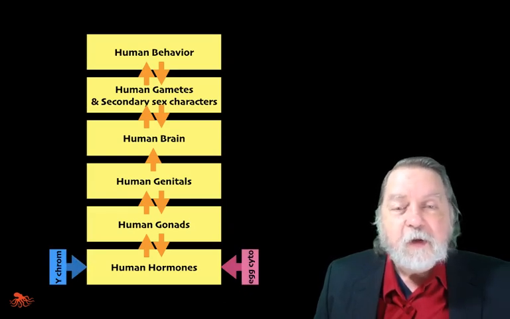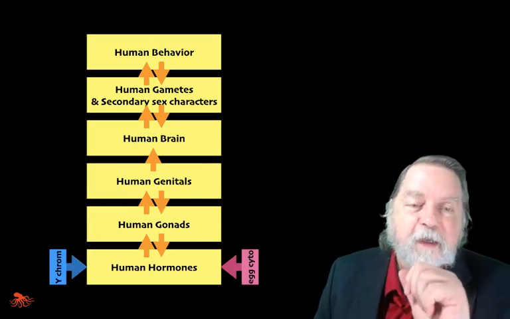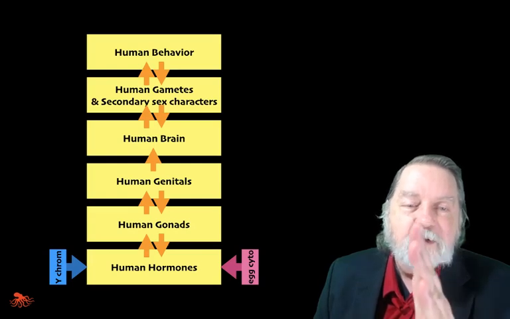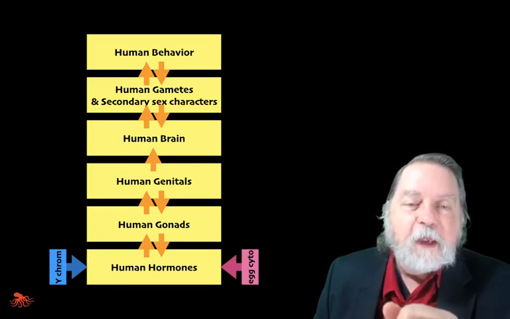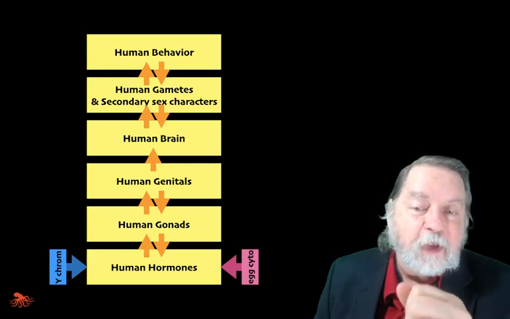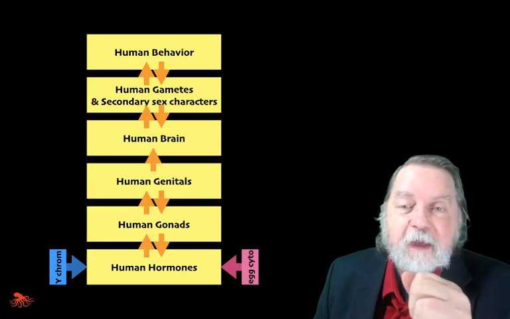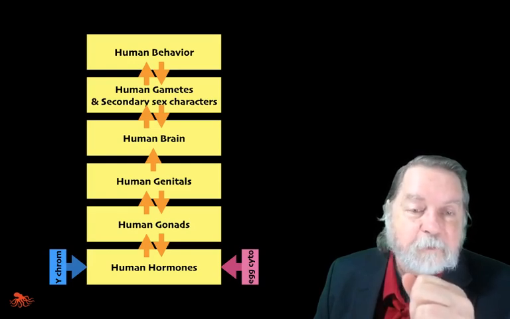But I do want to point out one thing, that we're dealing with human tissue responding to signals. And one of the key things that happens in the development of sex is that we have a symmetry breaking event.